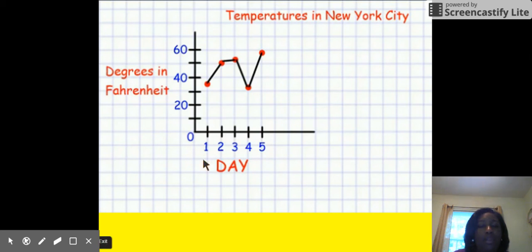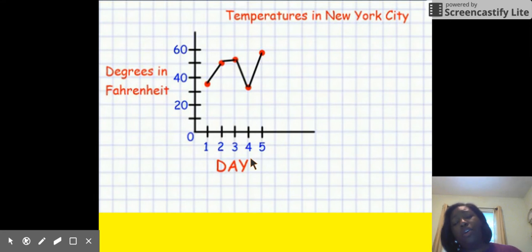We have our independent here and our dependent variable here. Our independent variable is the days of the week: first, second, third, fourth, fifth day, Monday, Tuesday, Wednesday, Thursday, Friday. And we have our degrees in Fahrenheit. That degree in Fahrenheit depends on that day of the week, and you can see where the temperatures fluctuate.